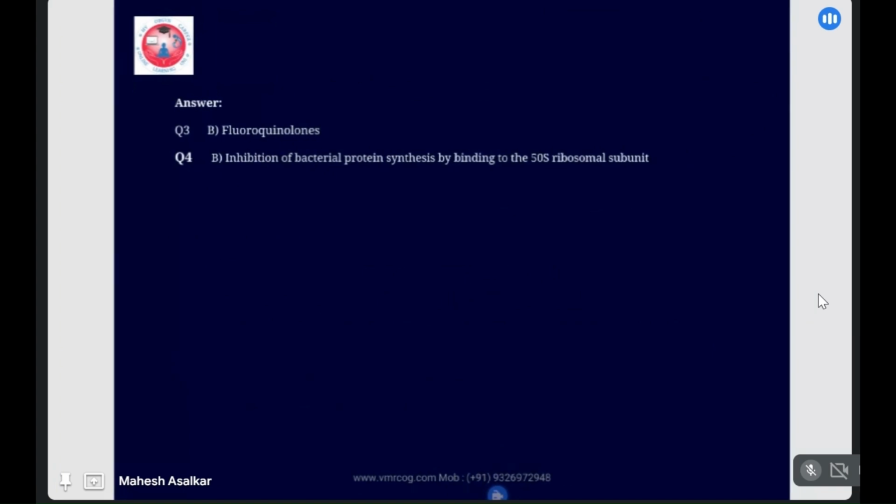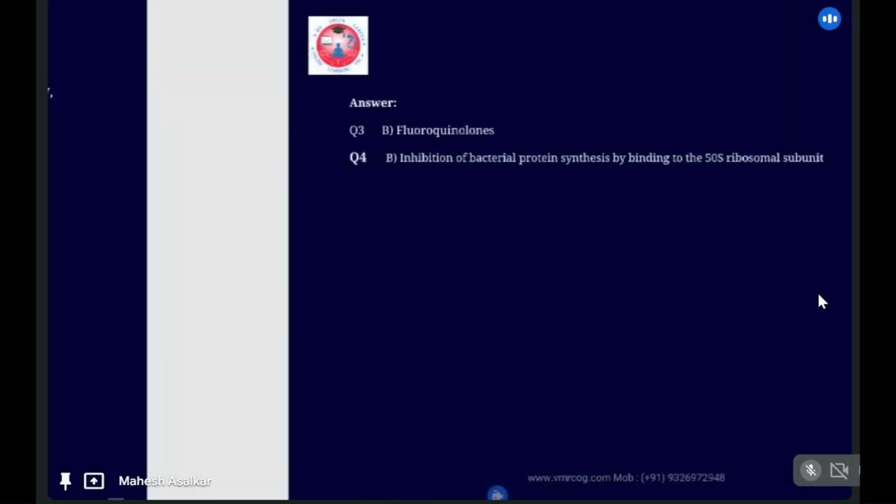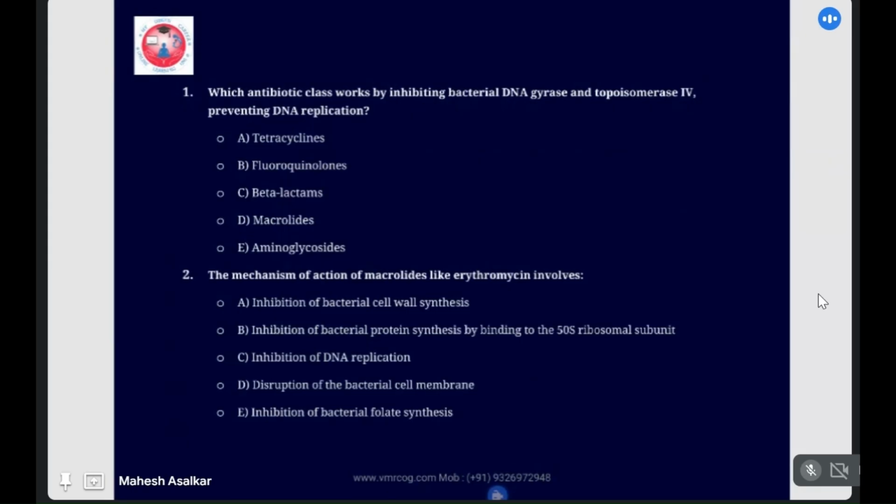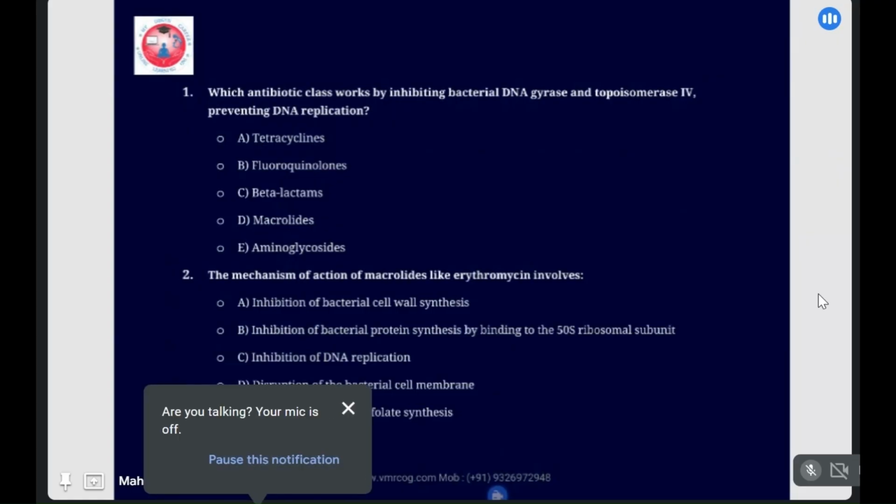Okay, so these are question 3 and question 4. The question 3 answer is fluoroquinolone. And question 4 is inhibition of bacterial protein synthesis by binding to the 50S ribosomal subunit. So the macrolide, that is erythromycin, will inhibit bacterial protein synthesis by binding to the 50S ribosomal subunit.